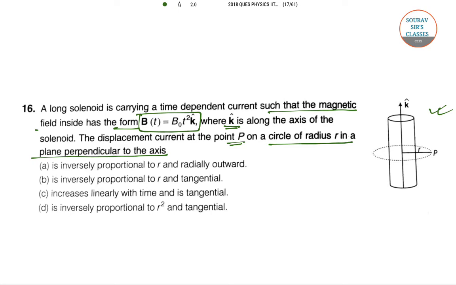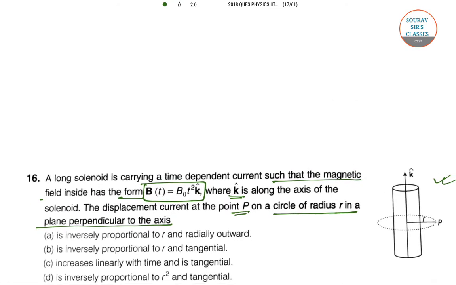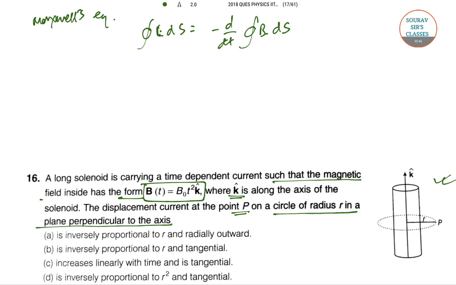Here we actually need Maxwell's equation. So in the Maxwell equation format, the contour integral of E dot dl equals minus d/dt of the integral of B dot ds, with B equal to B0 t square.